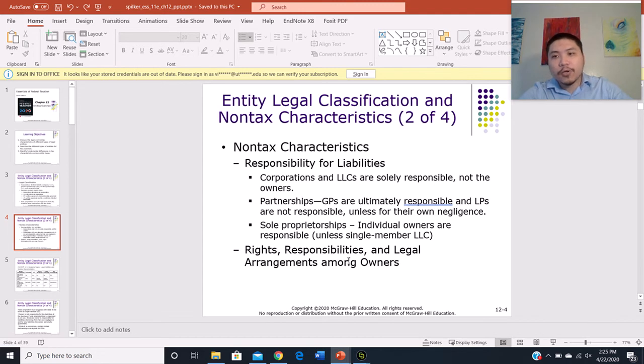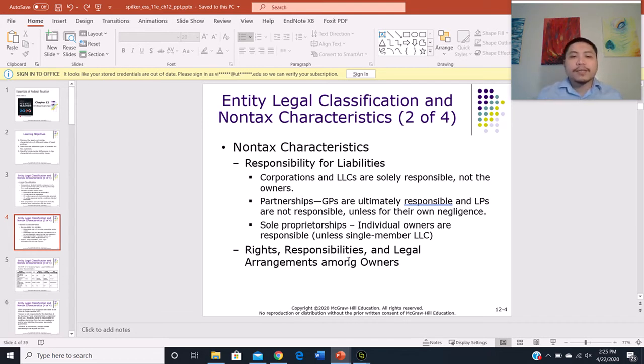Usually general partners are the ones who have more say and more power in running the business, but they are the ones who have to assume the liabilities of the business. The limited partners don't have to be responsible for the liabilities, but they don't really have a say. They are silent, passive investors basically. So for limited partnership, the general partners are still the ones who assume the liabilities, right?